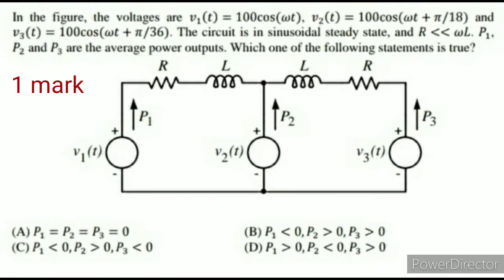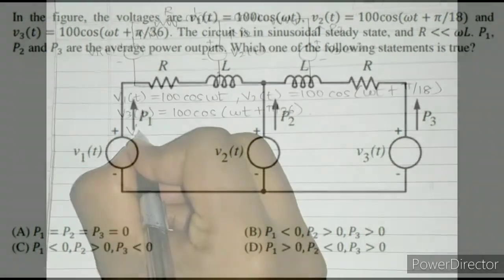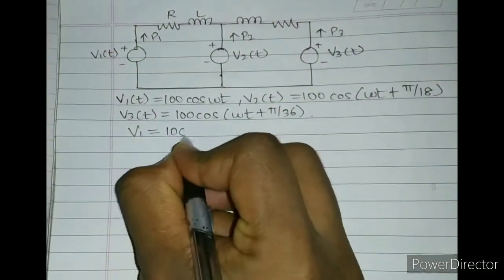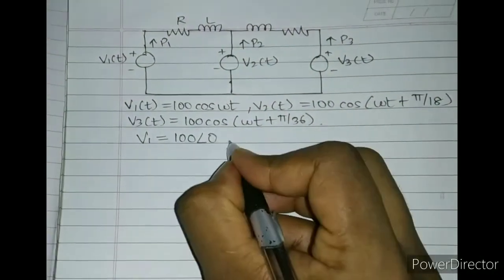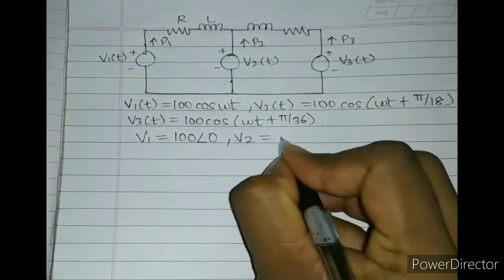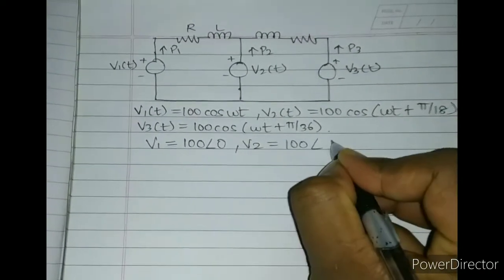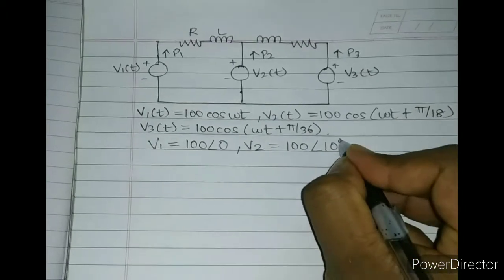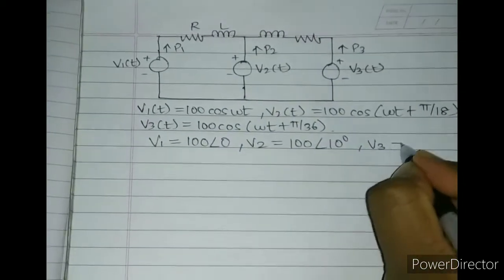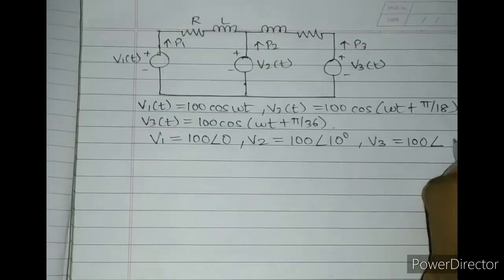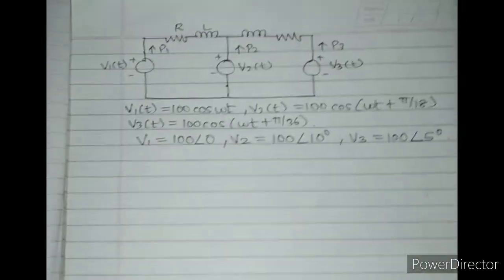This is the third 1-mark question. V1 is equal to 100 angle 0. V2 is equal to 100 angle 10 degrees, since pi by 18 is 10 degrees. V3 is 100 angle 5 degrees, as pi by 36 is 5 degrees.